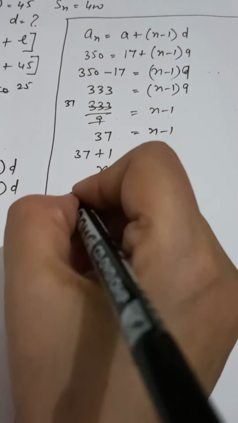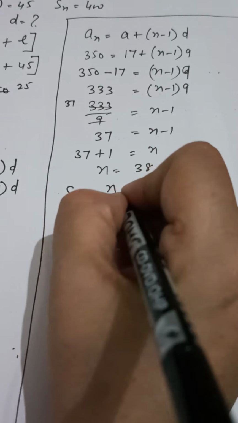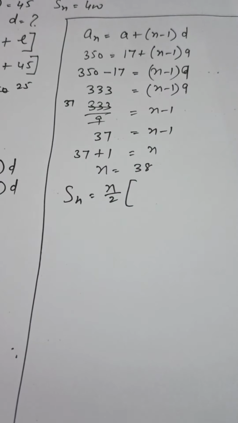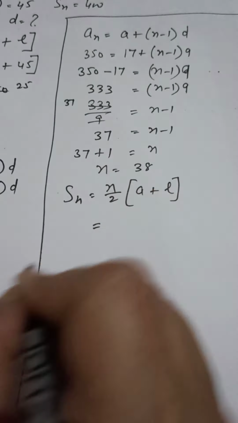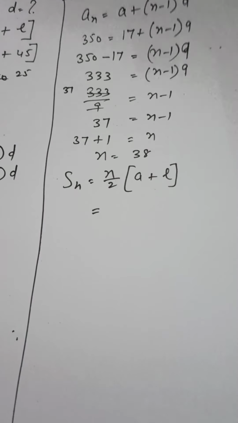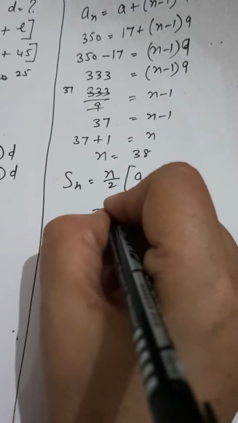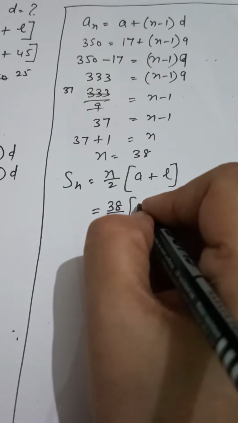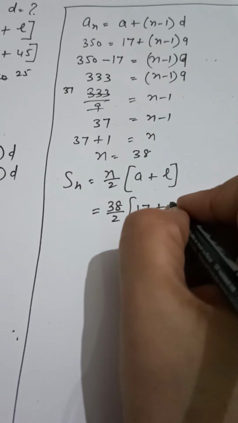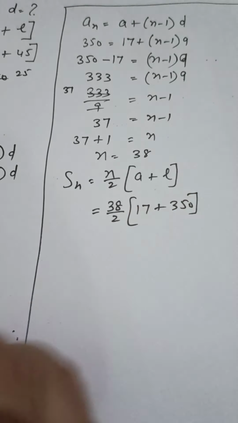Now you have to find Sn. Sn is equal to n upon 2 into a plus l. The last term is given, a plus l, and we have found n is 38. 38 over 2, a is 17 plus l is 350.